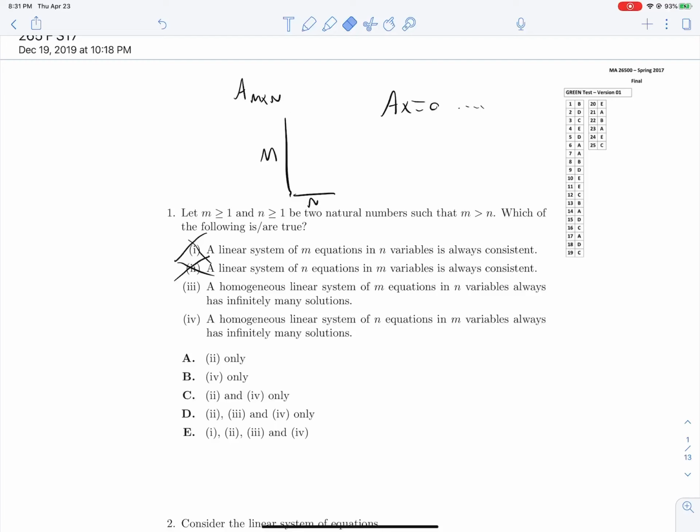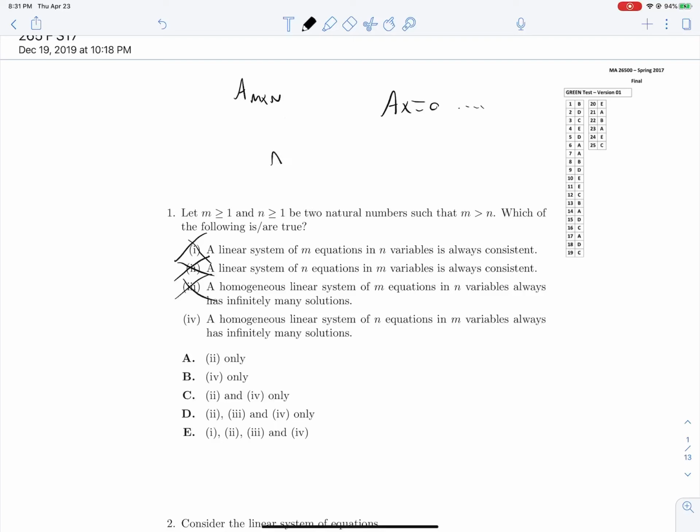But with an m by n matrix, we could have n pivot positions because n is less than m, so we will still have some rows down here that don't have pivots, but we can definitely fill up all of our columns with pivots. Thus, we could have a homogeneous linear system of m equations and n variables without infinitely many solutions. We could only have the trivial solution.